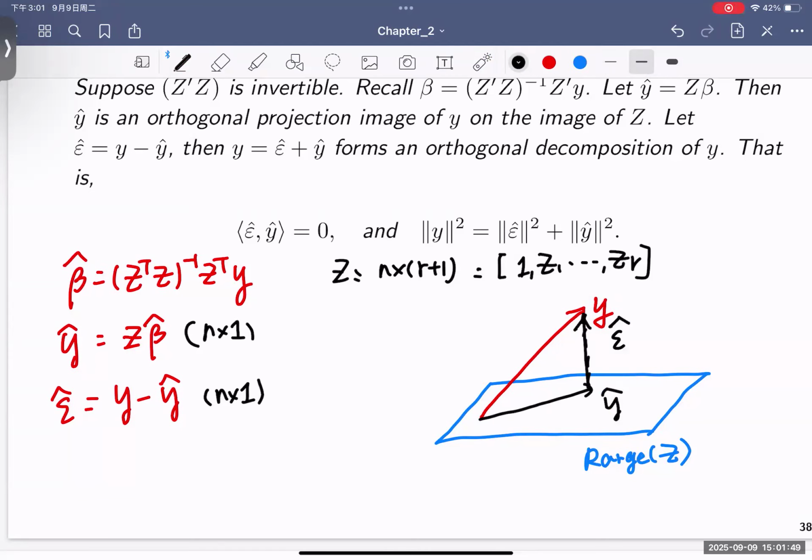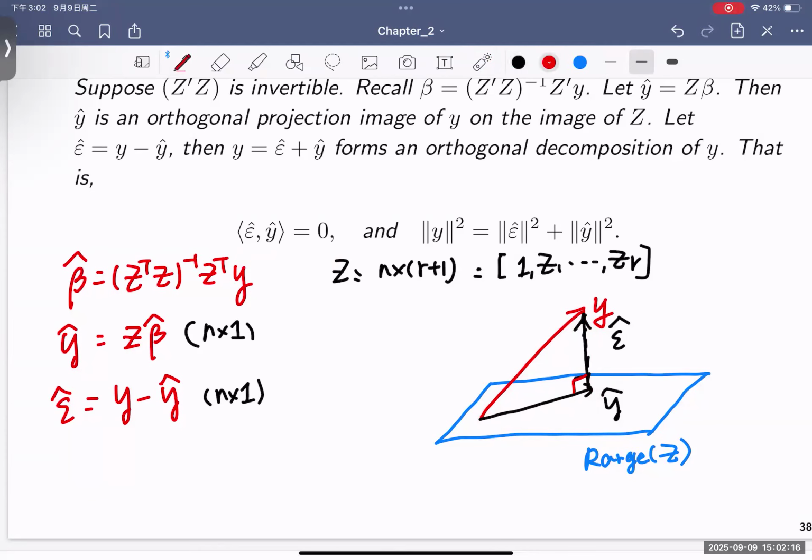So we write this down in the n-dimensional case. This is our y hat, this is epsilon hat, this is the y. The first one says these two vectors have the inner product 0, which states that the angle between them is 90 degrees.